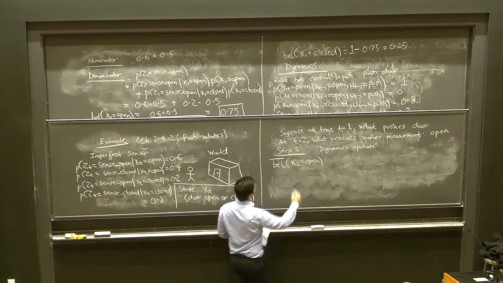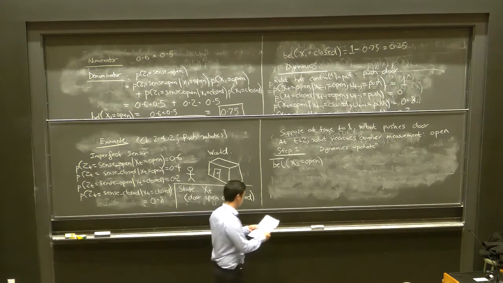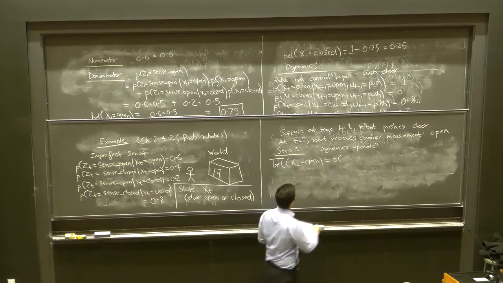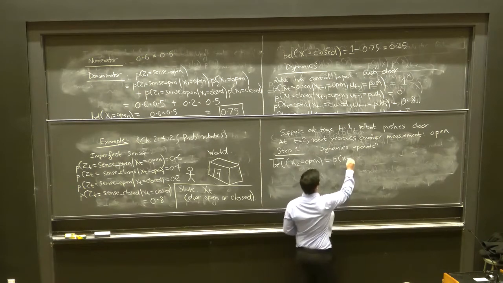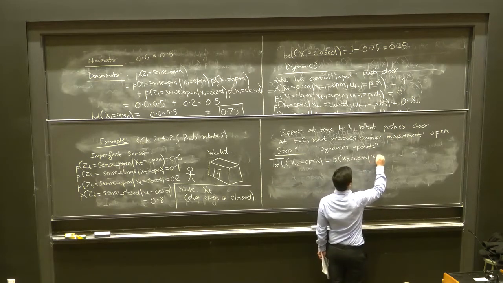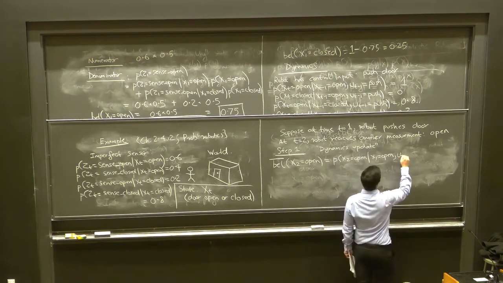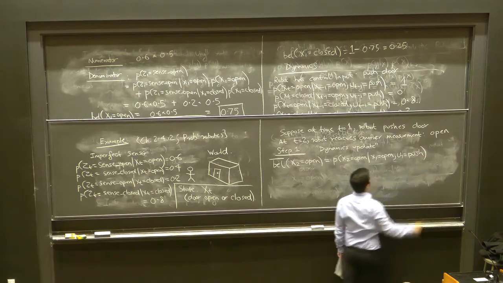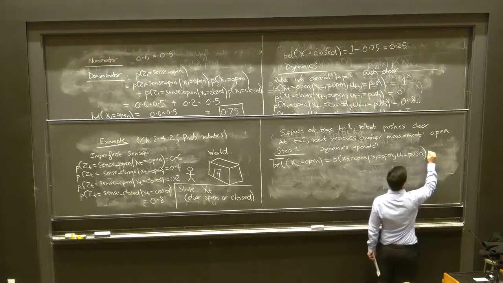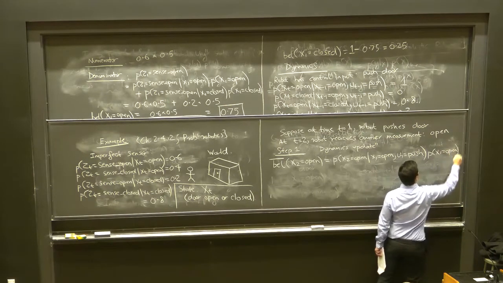This is the probability that the door is open at the second time step, given that we pushed the door. So this is the probability that the door is open, given that previously it was open and that we took the action which is pushing the door, multiplied by the previous probability that the door was open.